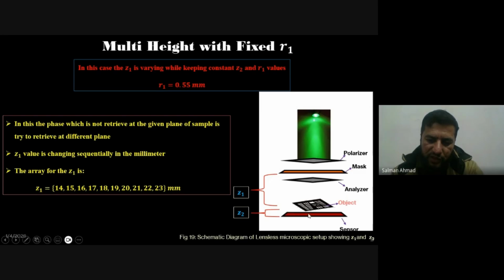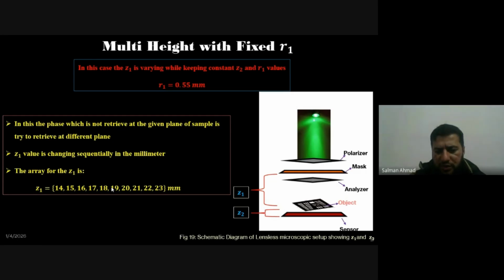This means moving the object and the mask towards each other, so their distance changed from 14 to 23 millimeters. We took images on 14, 15, 16, 17, 18 on different planes.